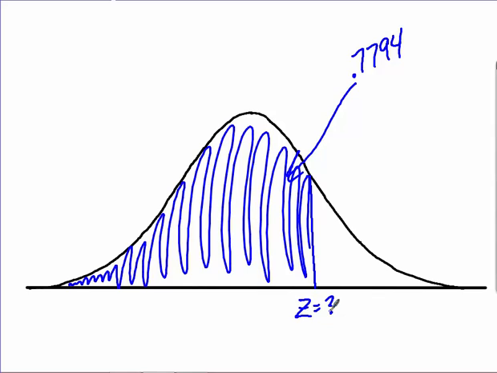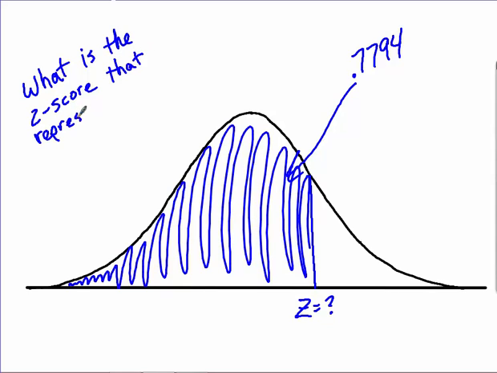So at this point, I essentially want to answer the question of what is the z-score that represents a cumulative area of 0.7794. So that's what I actually want to find in this problem.